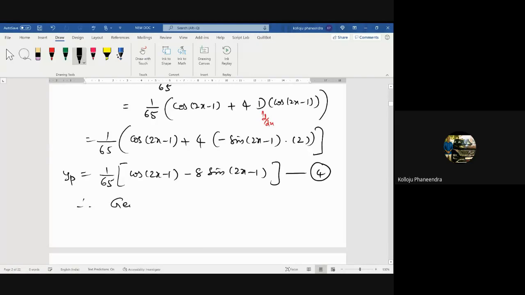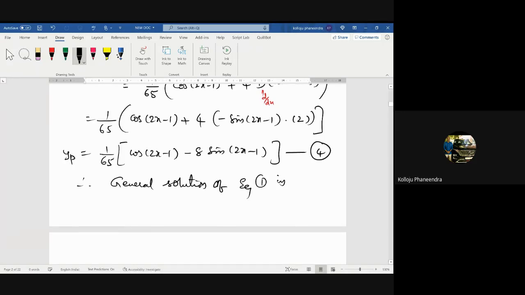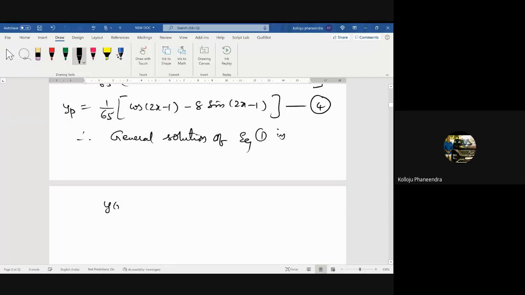Therefore, the general solution of equation 1 is y of x equal to complementary function plus particular integral.